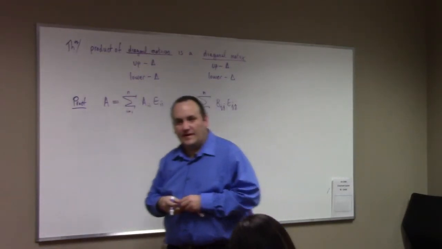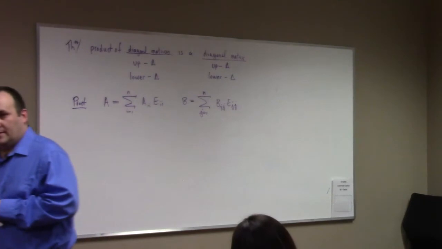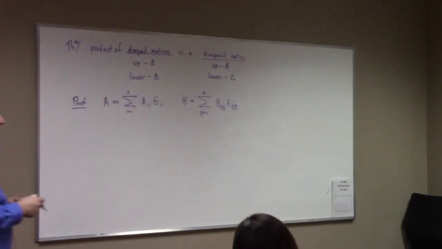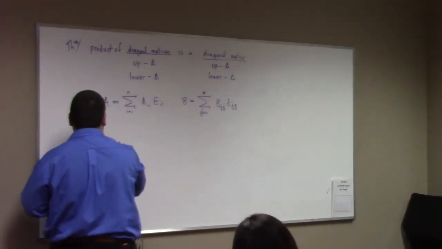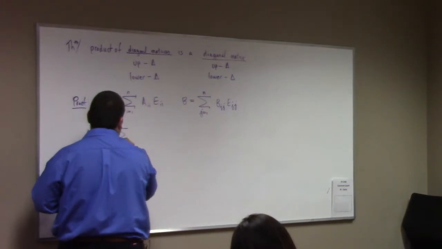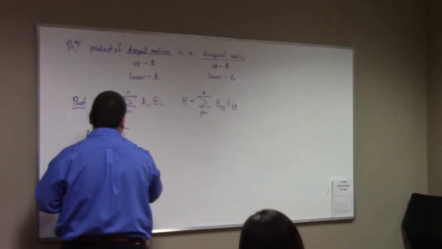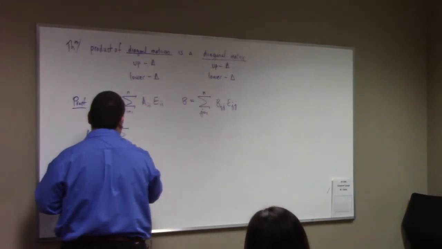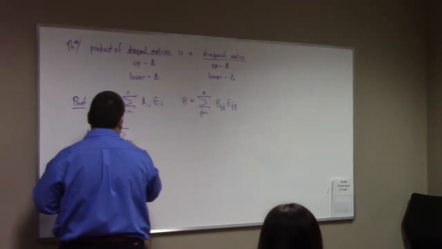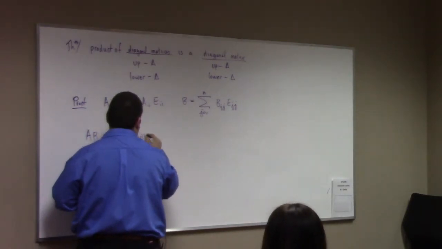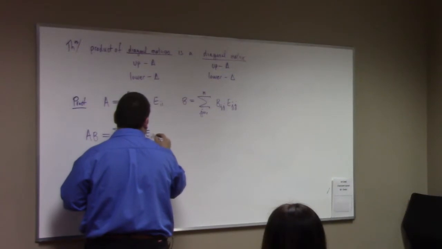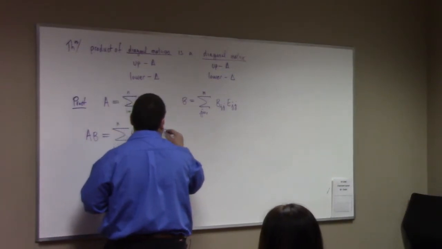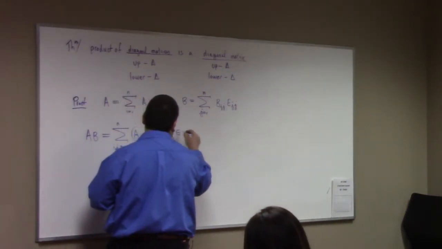Suppose that these are two diagonal matrices, n by n. Multiply them. How's that go? AB equals the sum over i and j, let's get to it, of a_ii e_ii b_jj e_jj.